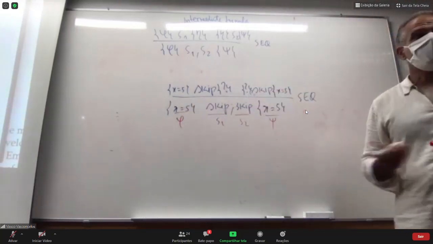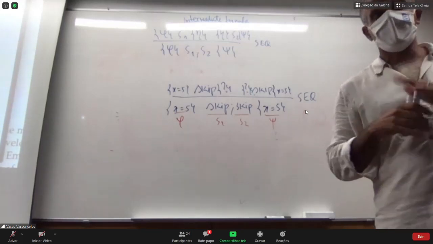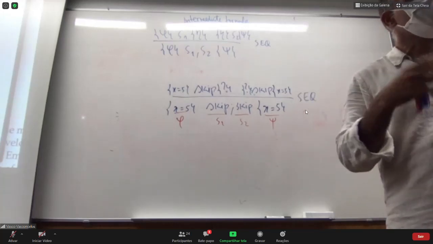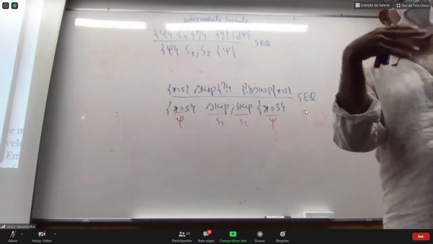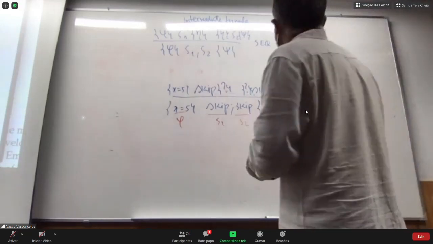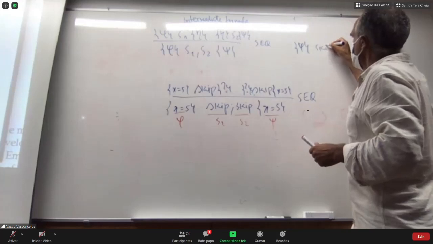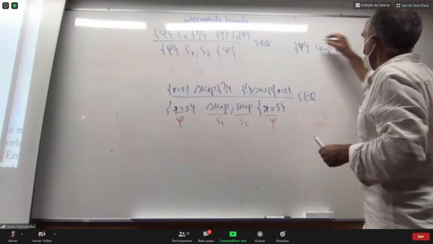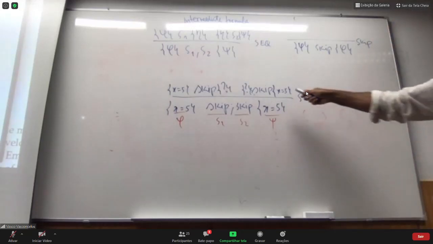So what can you write here? You have to remember the rule for skip. Skip is the statement that does nothing. It doesn't change anything. Whatever goes in goes out, or whatever goes out means it went in before. So the rule for skip is whatever goes in goes out. Basically, we have to copy this from here to there.